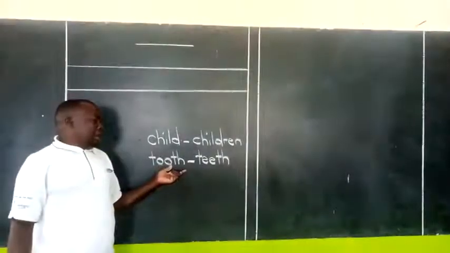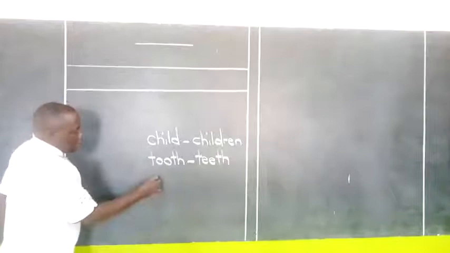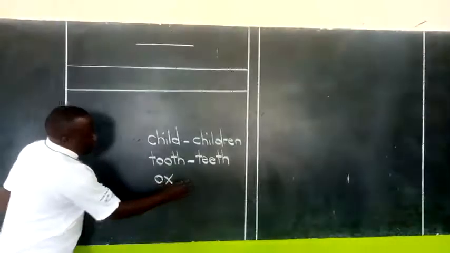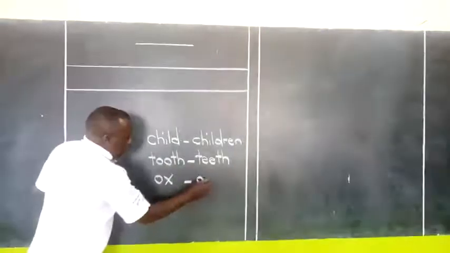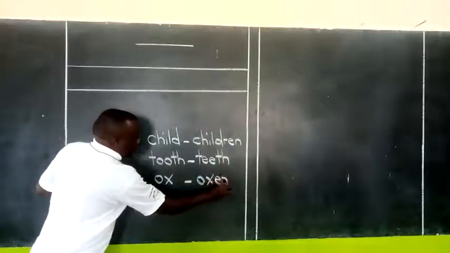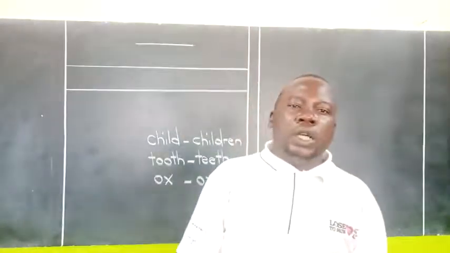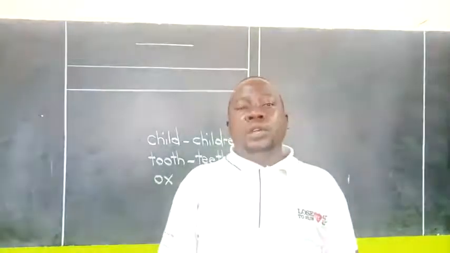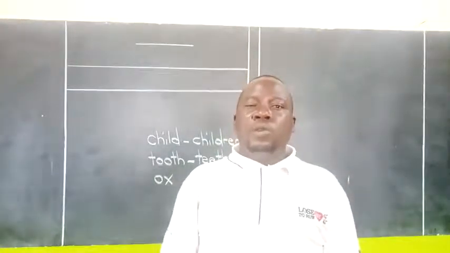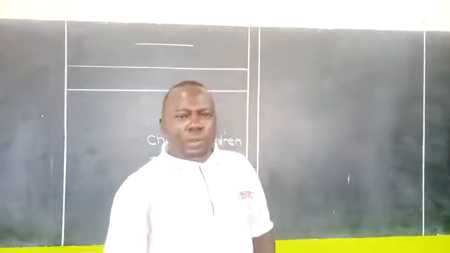Here we have double O, here double E. Another one was ox, and when they are many, we say they are called oxen. So those are the irregular nouns that we looked at last time, and we gave very many examples, and I know even you gave more apart from the ones I gave you.